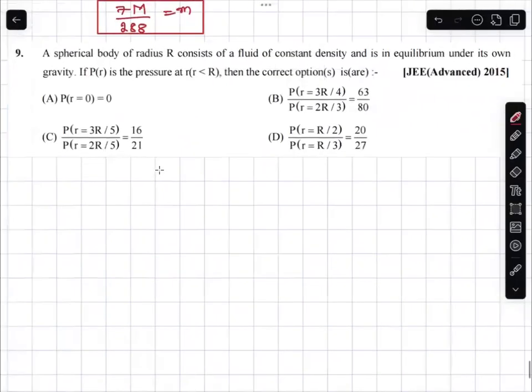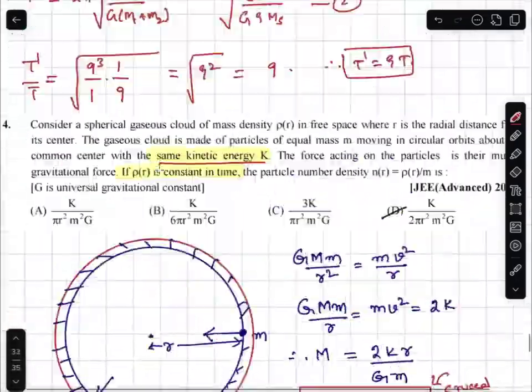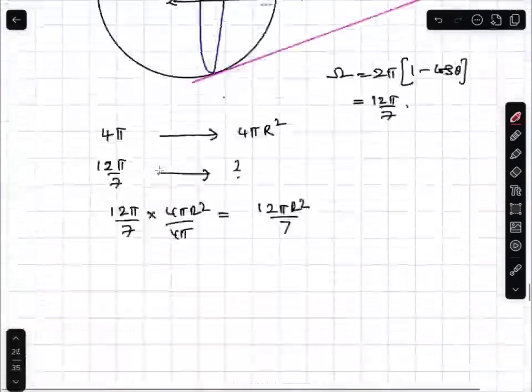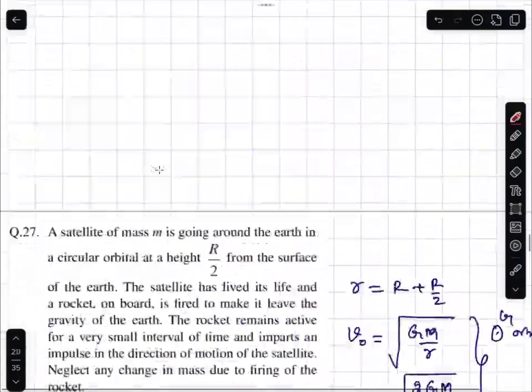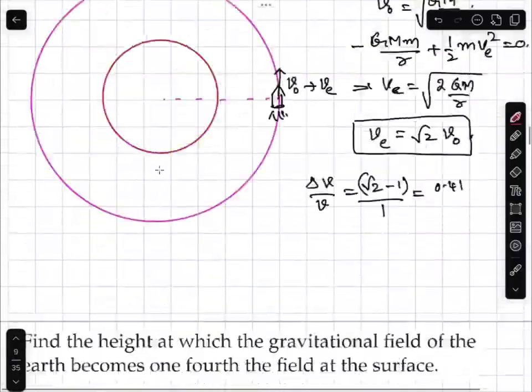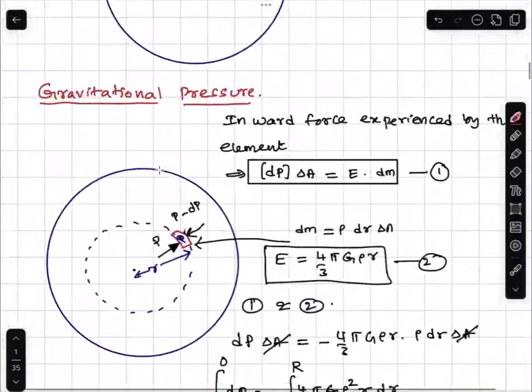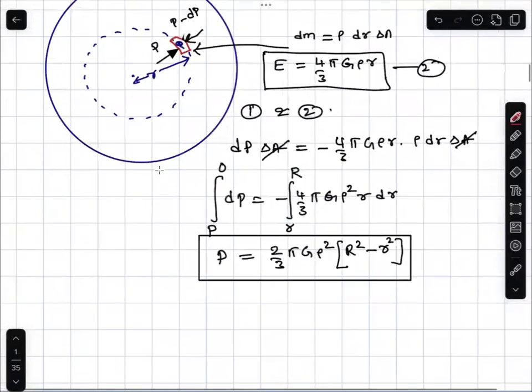Earlier, I started my very first class with this pressure formula. Any doubts? I started my class with this formula only. This is the formula: 2 by 3 pi G rho square, capital R square minus small r square.